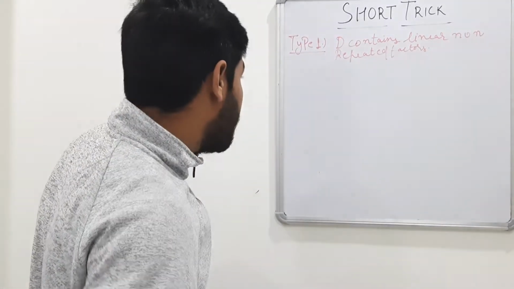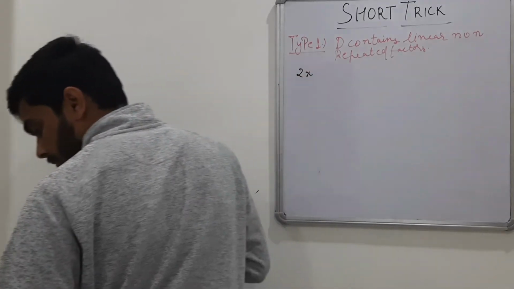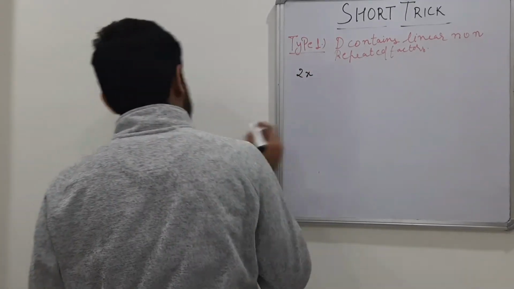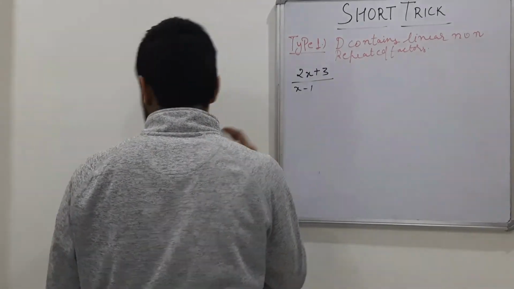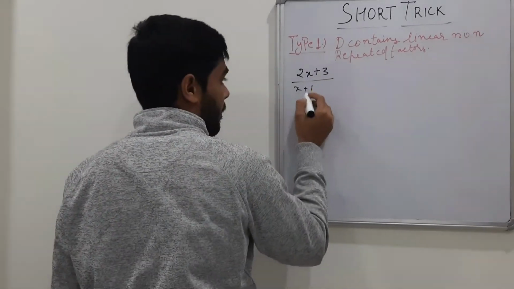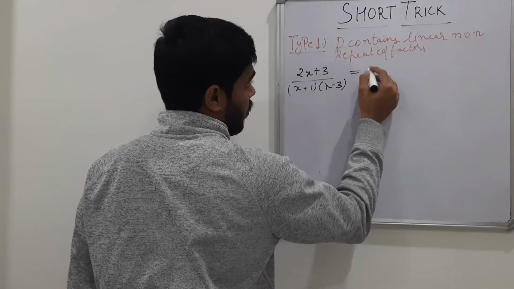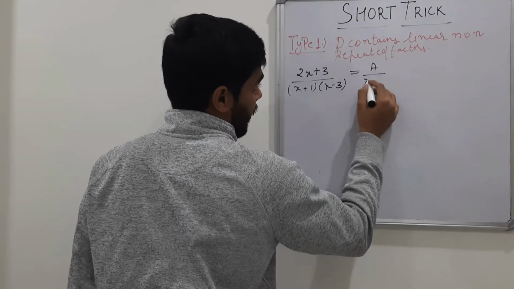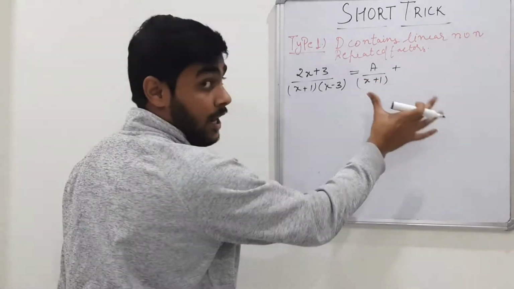The question is like this: (2x + 3) upon (x - 1)(x + 1)(x - 3). You will write this in partial fraction form.